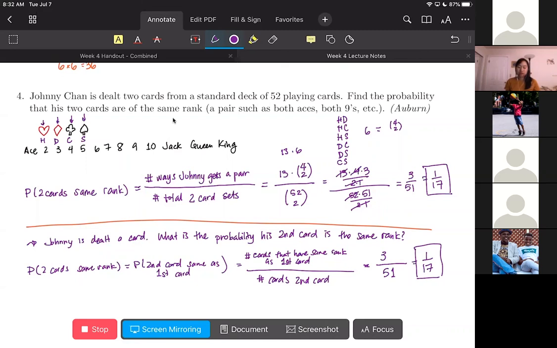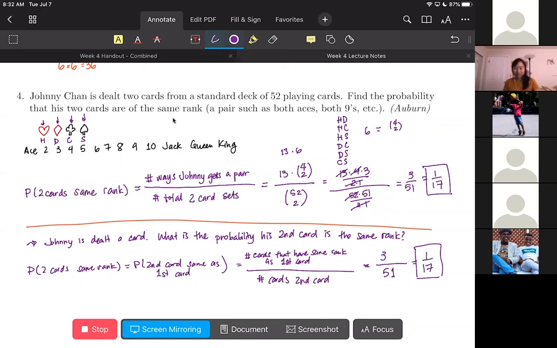So say the first card Johnny was dealt is a 2 of clubs. Then out of all the cards in the deck, there's 3 more cards that would match that, which is 2 of hearts, 2 of diamonds, 2 of spades. Okay, I get it. Yeah.